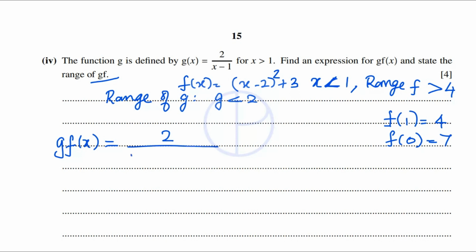For x, let's substitute x minus 2 the whole square plus 3, minus 1. So this is equal to 2 over x minus 2 the whole square plus 2. So this is gf of x. Okay.